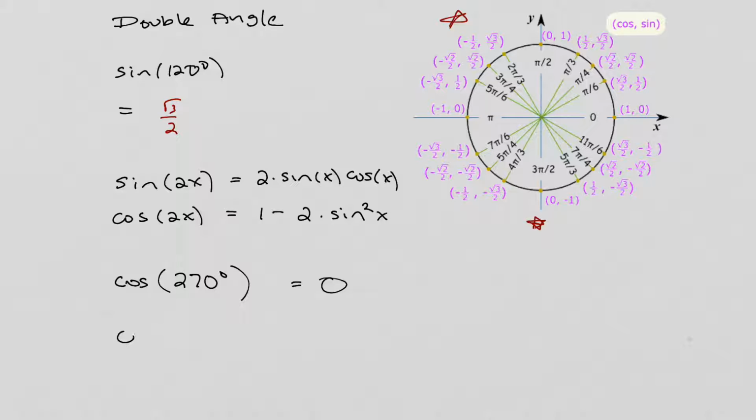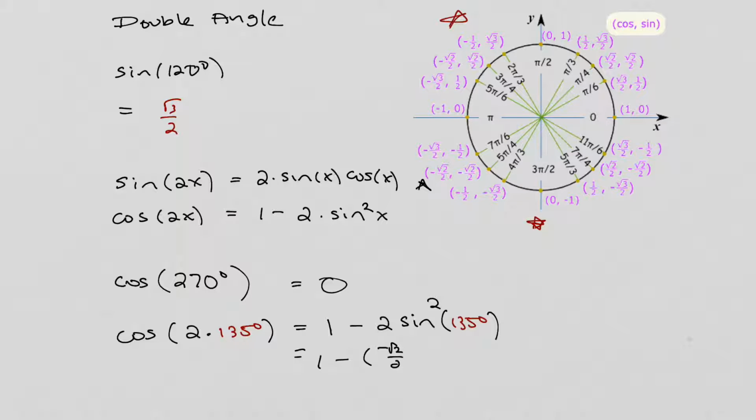Well, 270 degrees is the same thing as 2 times 135 degrees. If we use our formula, that's 1 minus 2 times sine of 135 degrees, squared. Sine of 135 degrees, if you look right there, is negative square root of 2 over 2.